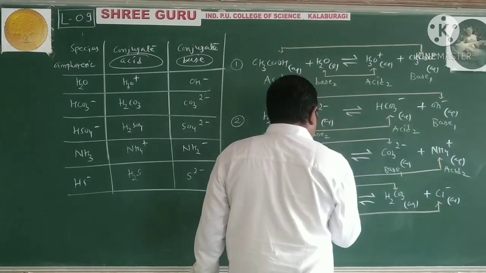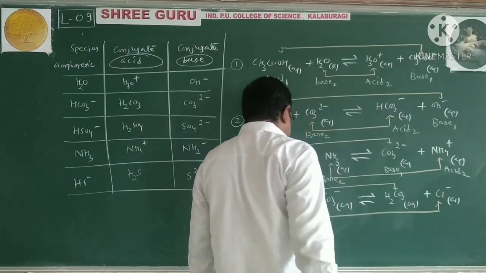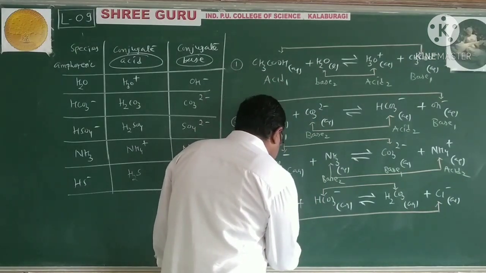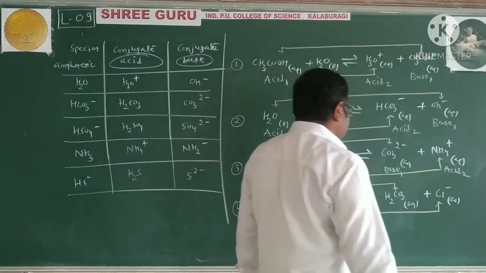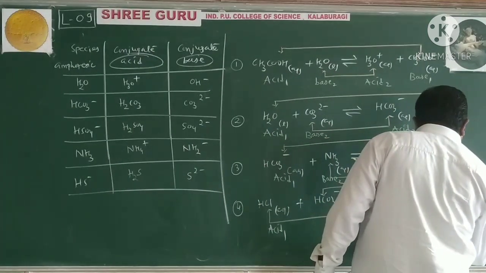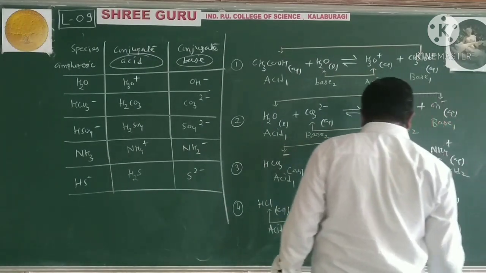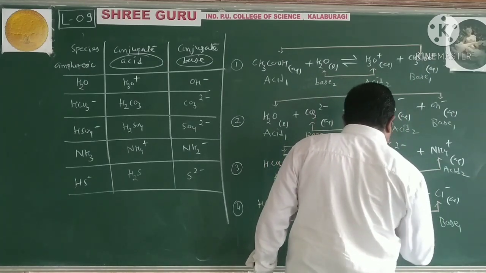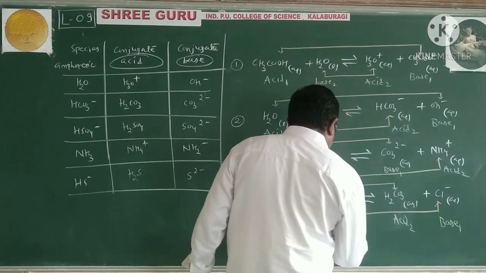Acid 2, base 2: HCl and Cl negative. Acid 1, base 1: H2CO3 and HCO3 negative. Acid 2.